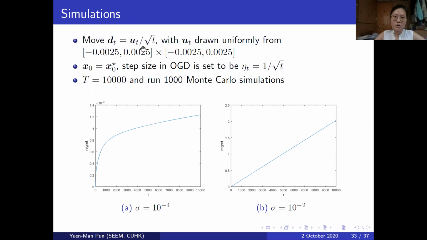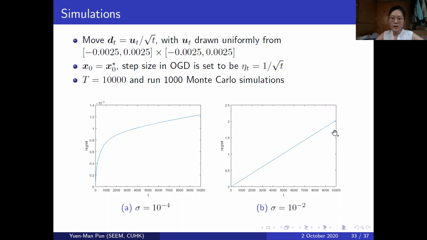Again, we want the move to get smaller and smaller as t grows, so we divide this by square root t. Again, a similar behavior can be observed. As you can see here, it grows sublinearly and then eventually grows linearly. And when the noise is larger, then we have this kind of linear curve.